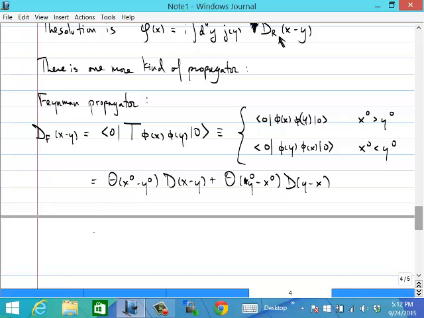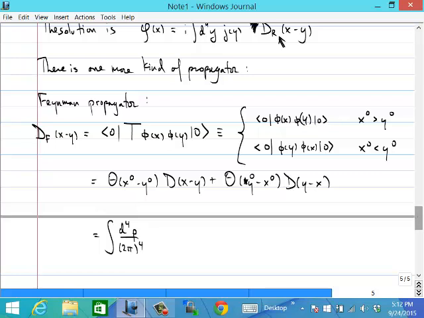And just as with the other propagators that we've described above, this propagator has a very simple description in terms of a contour integral. So you can think of it as an integral d4p over 2 pi to the 4th.